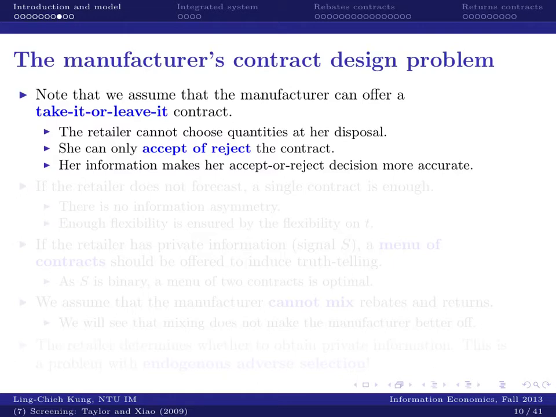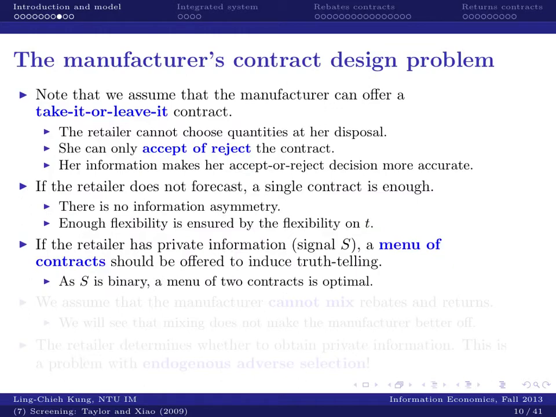Because, for example, if the quantity is very high, and the retailer sees a bad signal, he believes that the demand would be bad, and that's how he says rejection to the manufacturer. If the retailer does not have that information, then she will not be able to make that kind of decision easily.